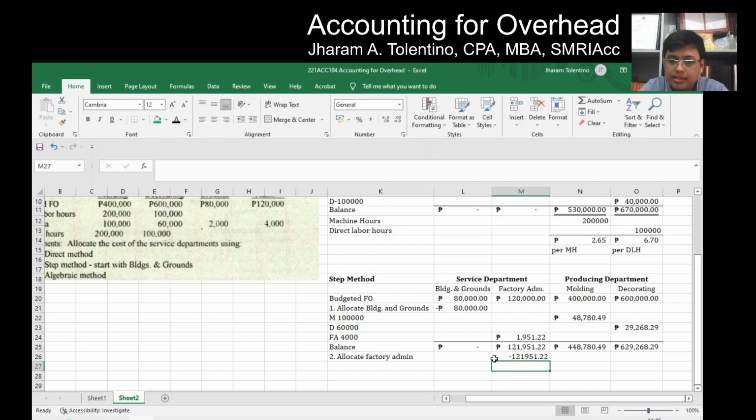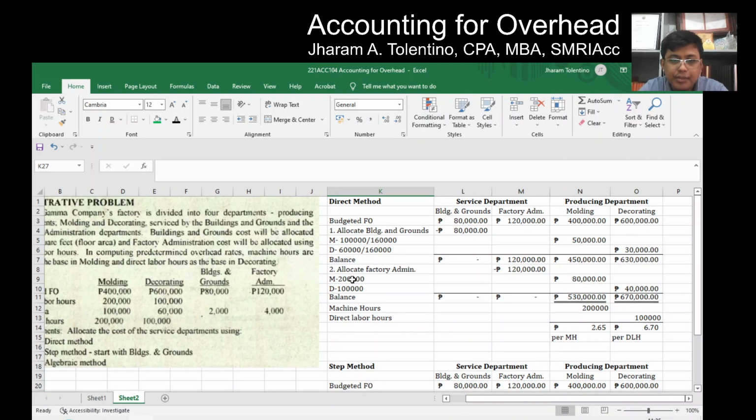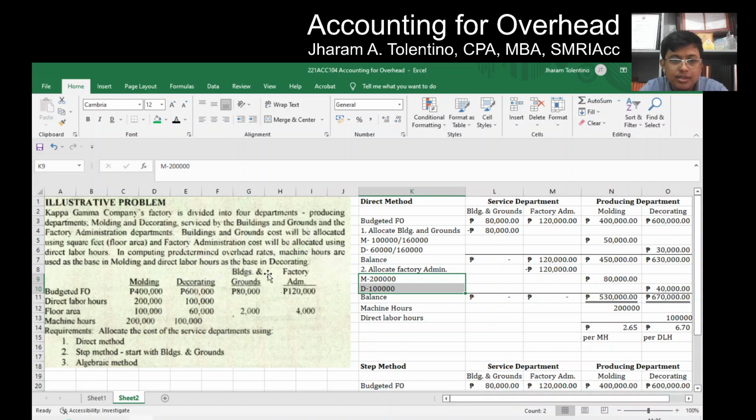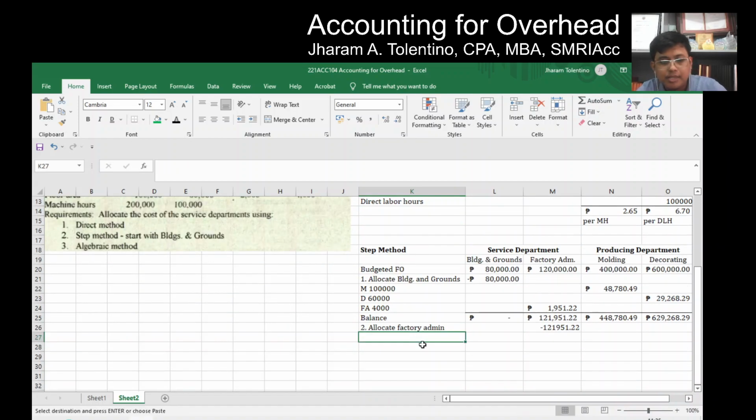Okay. So, yung next na i-allocate natin, paano daw siya ulit i-allocate? Ito na, copy na natin. 200 and 100 using machine hours. Direct labor hours. 200 and 100. So, copy na natin yan. Same na naman. So, 200 and 100.